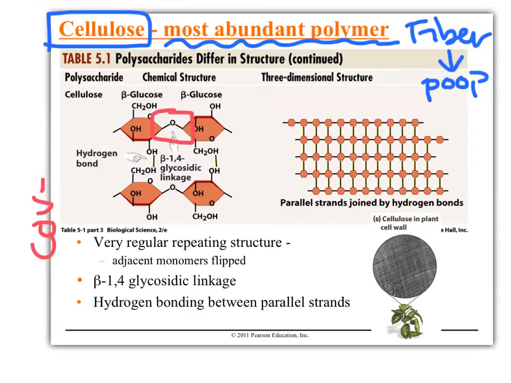Just like the other linkages, they're covalent. Peptide bond, phosphodiester bond, glycosidic linkage, covalent linkages. But what else do we see in here? What are these? What's this? It's hydrogens and oxygens, electronegative, electropositive. Holy crap. We're talking about fiber.